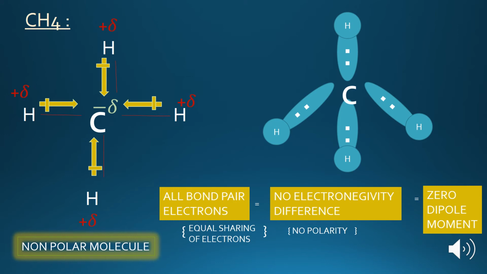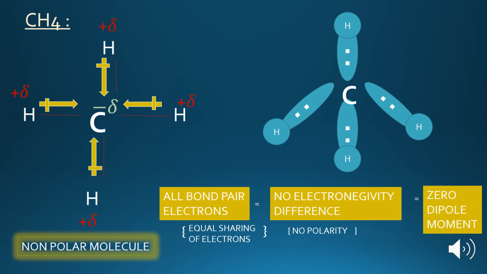Friends, as you can see in the diagram, at the four corners of the carbon, four hydrogens are attached and they have equal electronegativity. You can see that the hydrogens have partial positive charges, but they cancel out each other's effect because they have equal strength and act in opposite directions.